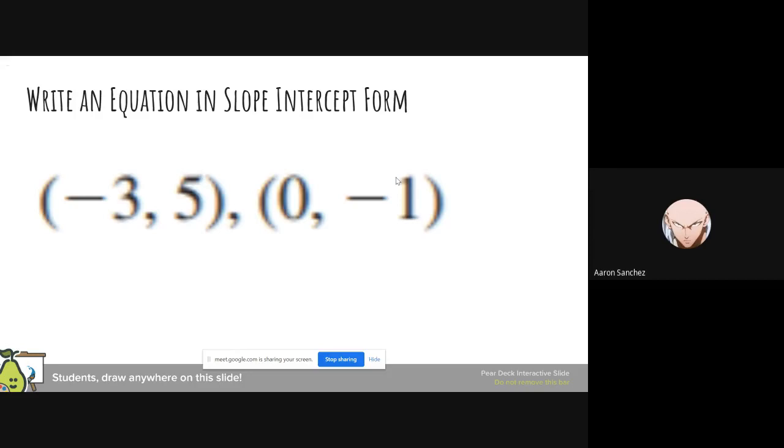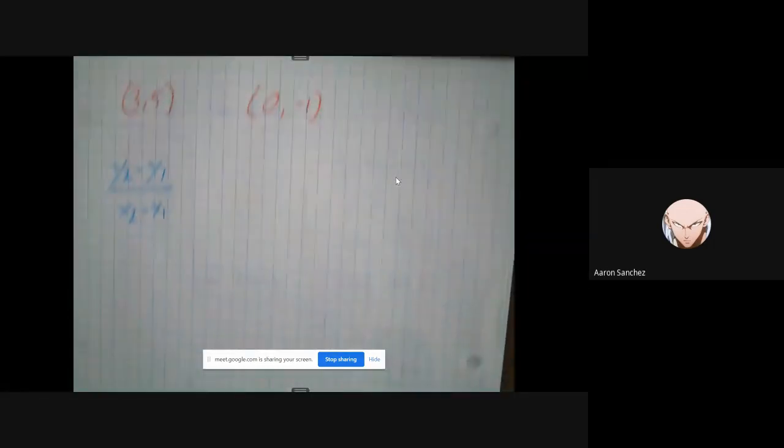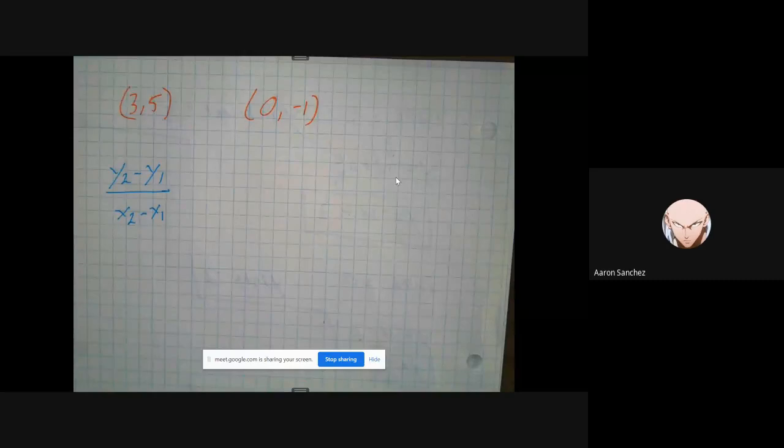Three, 5, and 0, -1. So first find the slope. Here's a hint: y2 minus y1 over x2 minus x1. That's your hint. So go ahead and try to solve that. Find the slope.